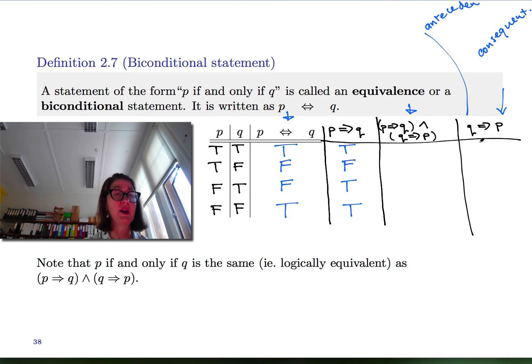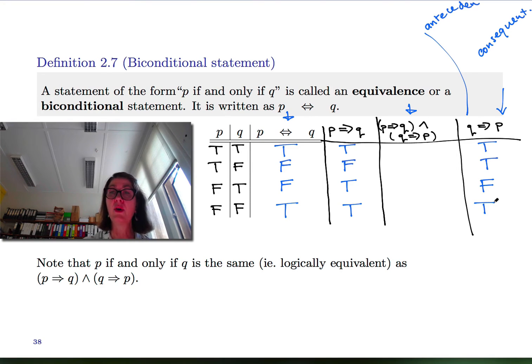So here Q is true implies P is true, so that's going to give us a true value for the implication. If Q is false, then it doesn't matter what P is, we define that to be true. If Q is true and it's followed by P being false, then that's a false value for the implication. And again, if we start off with the antecedent being false, it doesn't matter what follows. Here it's false, so that's going to be true.